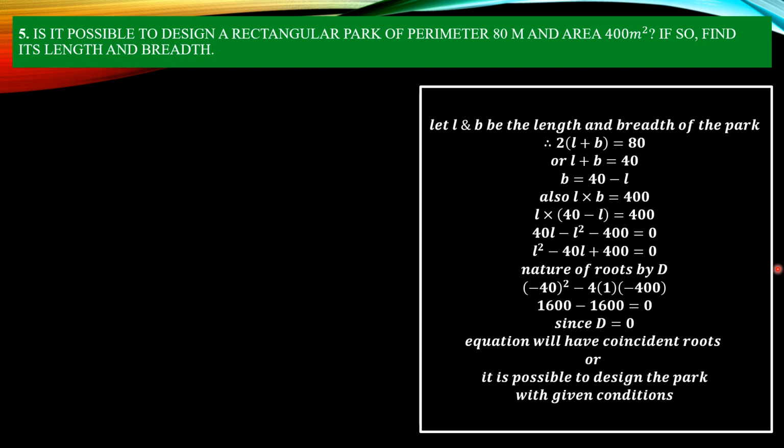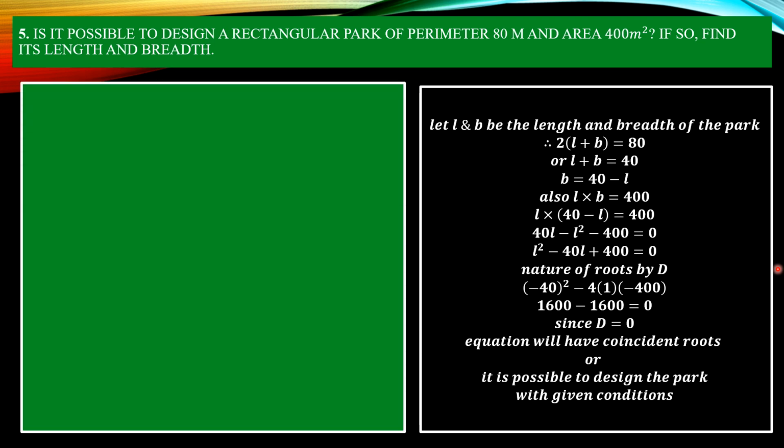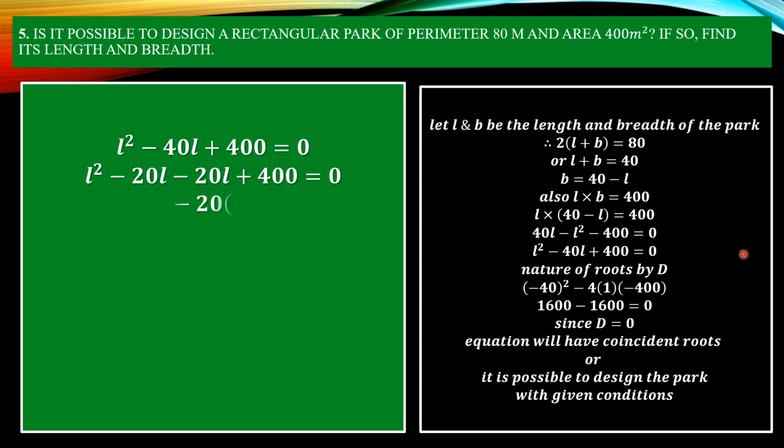So now let's find x, sorry, in this case L. Here we are applying splitting the middle term. We split this 40L into minus 20L minus 20L, so that when we multiply, we'll get plus 400. Follow the same procedure. L is common from the first two terms, within the bracket, L minus 20.